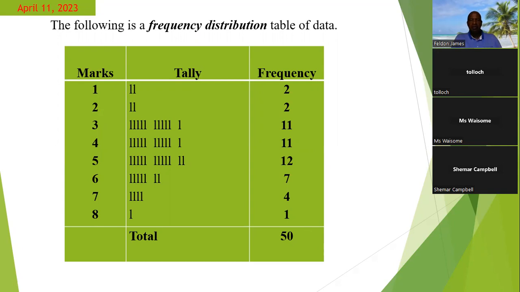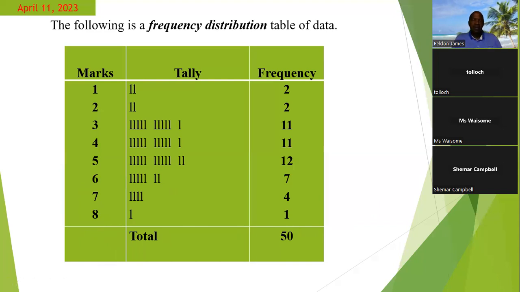Now, thinking about you having that range of data to put it on an ordinary frequency distribution table like this, your data column, you would have to label it from 1 to 1,000. I mean, it's not very practical to do that on a paper, right?